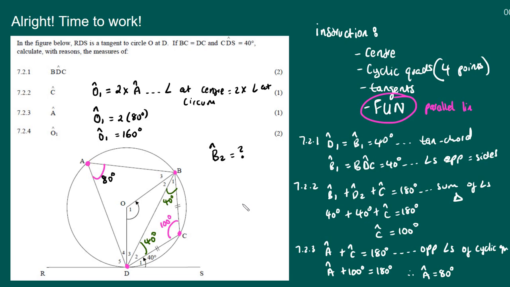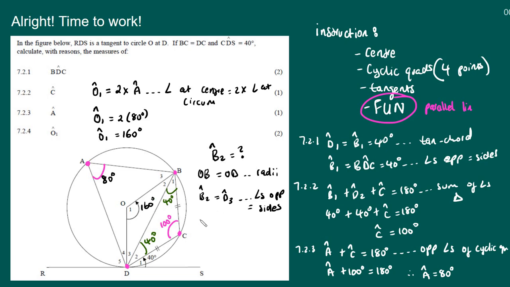Yes, sir. How do we know it's 10? What's your reason? We firstly have to write that OB is equal to OD. Our reason is both radii. Then we say B2 is equal to D3, angles opposite equal sides.